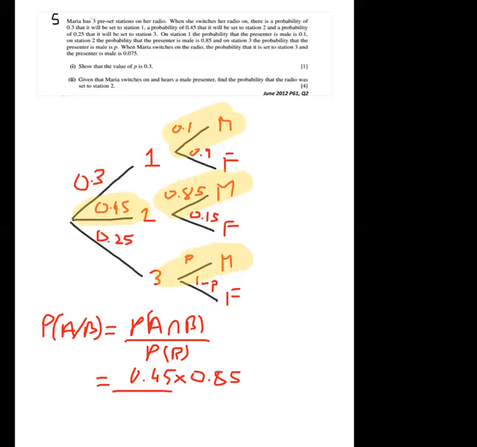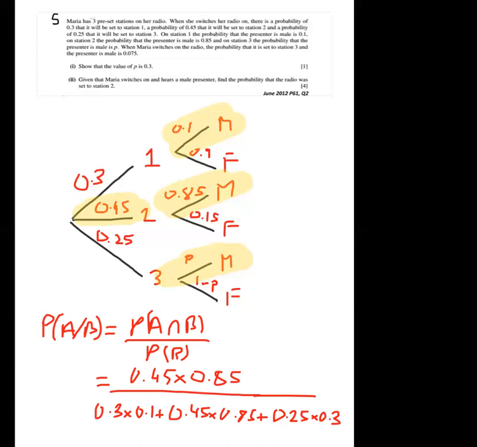For probability of B, there are 3 possibilities. There's station 1 and then male, that's 0.3 times 0.1. Second is station 2 and male, so 0.45 times 0.85. Third possibility is station 3 and male, so 0.25 times P. P we found in the last part was 0.3.